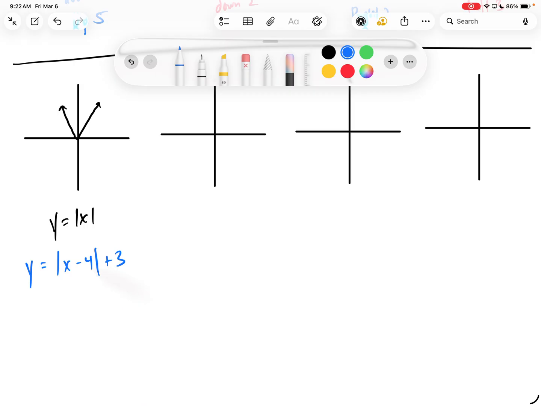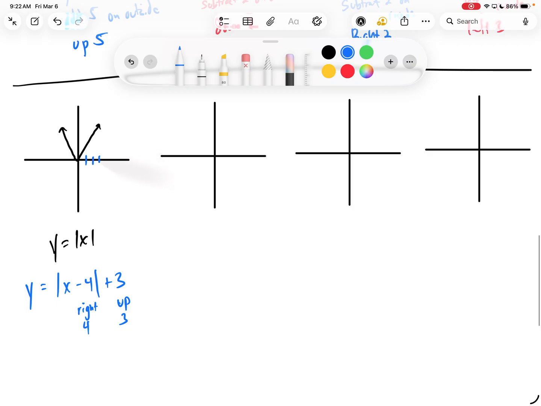So the minus 4 on the inside tells me I'm going to go to the right 4. That's what I mean by the inside. It's inside the square, inside the square root, or inside the absolute value. So on the inside, you go left or right, and then on the outside, I go up or down. So I'm going to go 4 to the right, and then up 3, and draw my new graph.